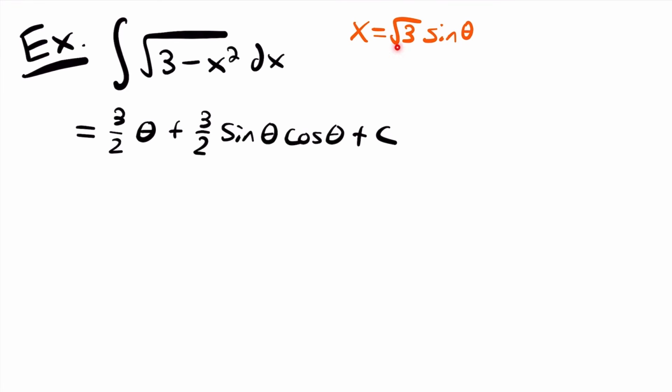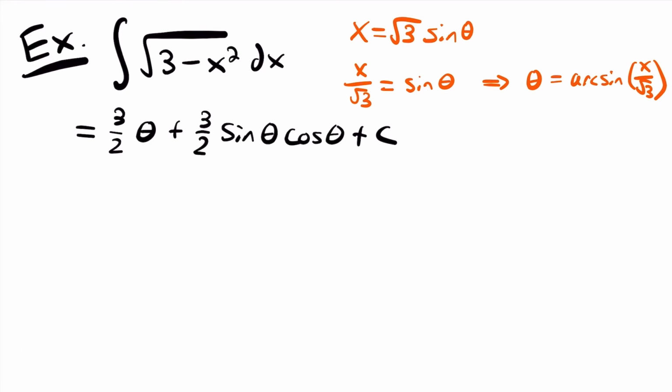If we divide both sides by the square root of 3, we will have that x divided by the square root of 3 is equal to sine theta. And if we put both sides into the arc sine function, or the inverse sine function, we can solve for theta. All right, and so if we do that, we will find that theta is equal to arc sine of x divided by the square root of 3.